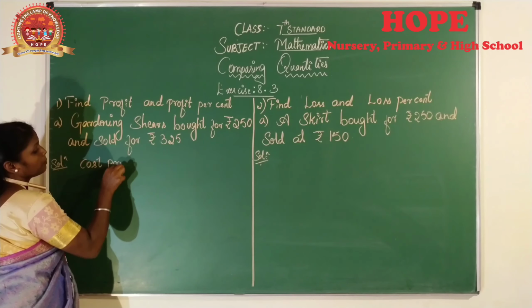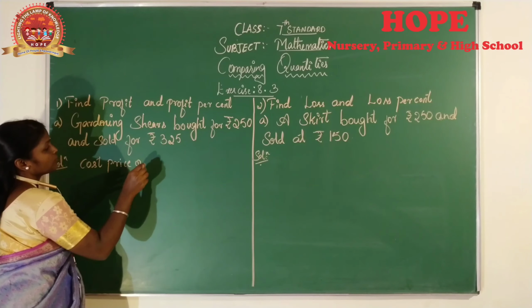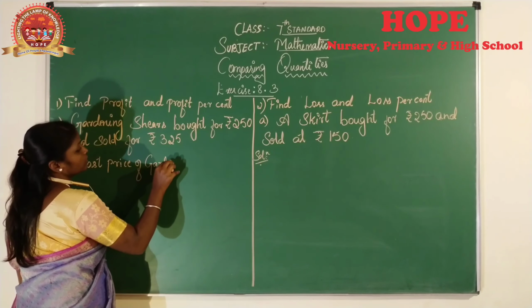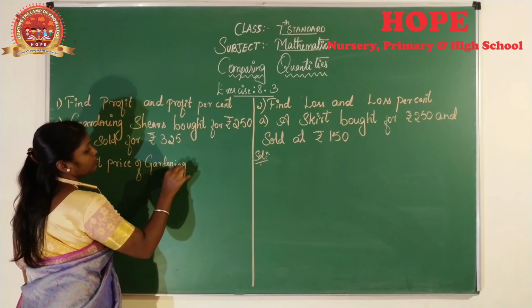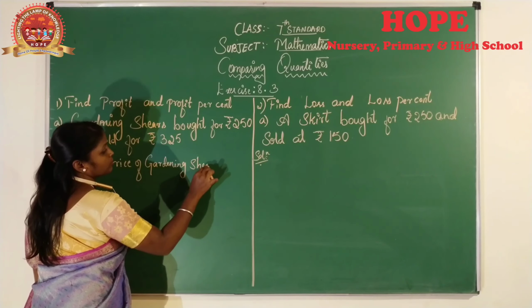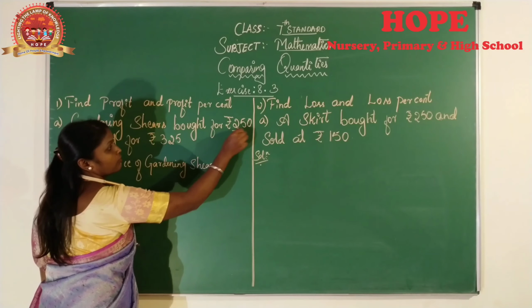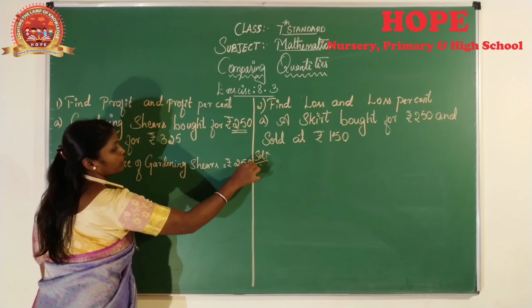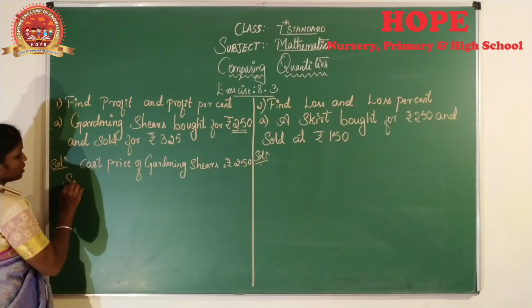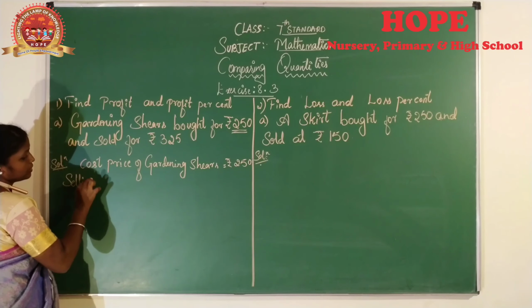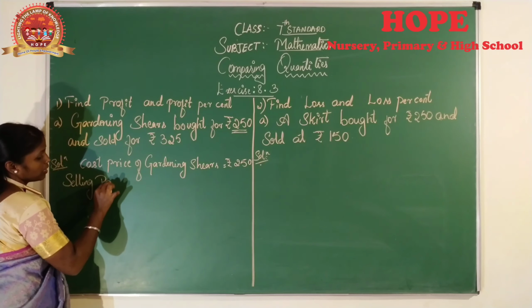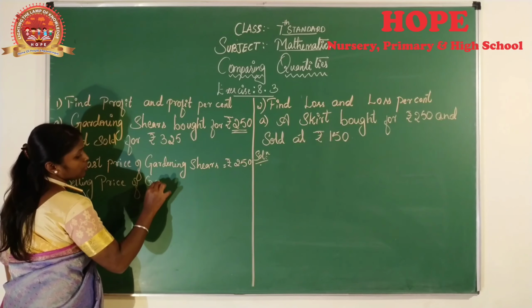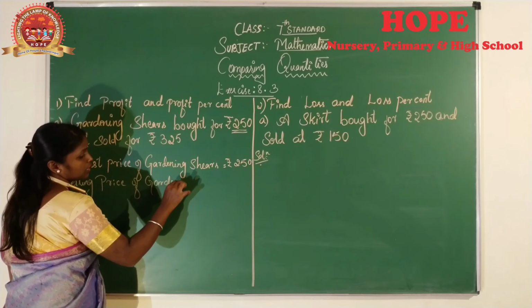Cost price of gardening shares. What is given for us is rupees 250. Selling price of gardening shares.